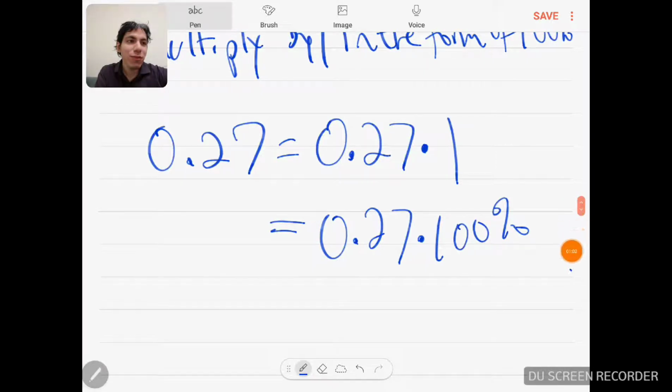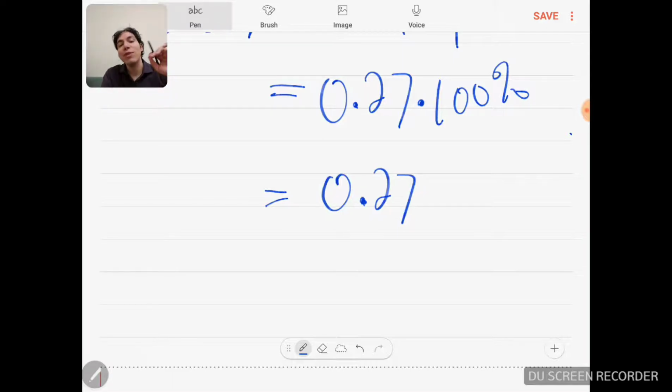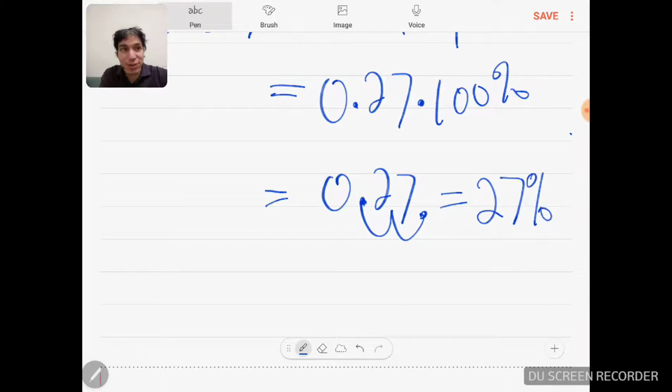Remember what I told you about multiplying by a base of 10? When you do that, you move the decimal over to the right depending on how many zeros are there. Since there's 2, my answer is going to be 27%, and you keep the percent symbol.